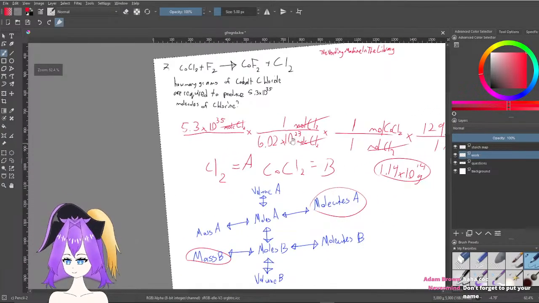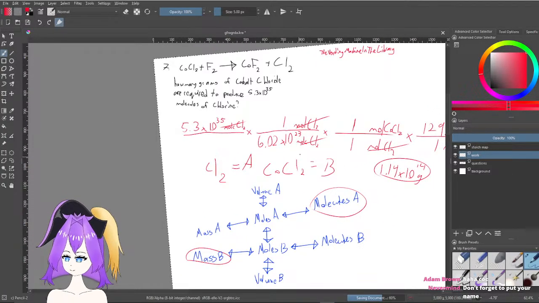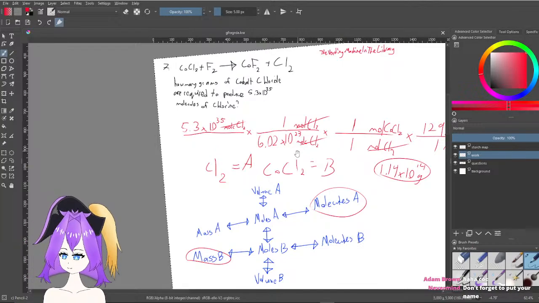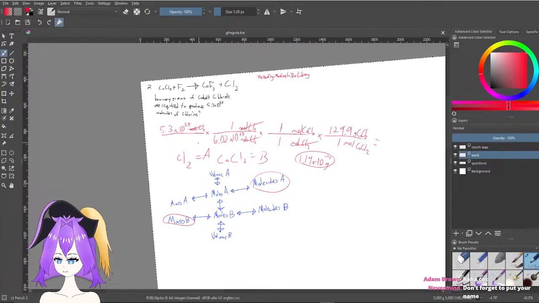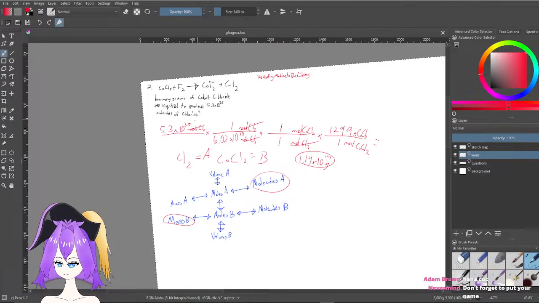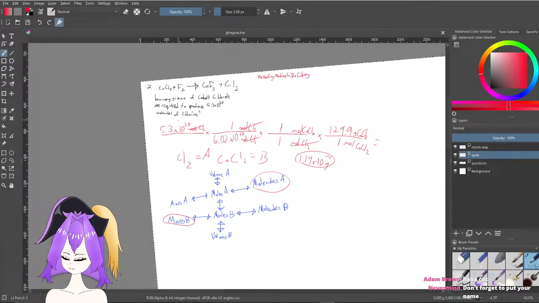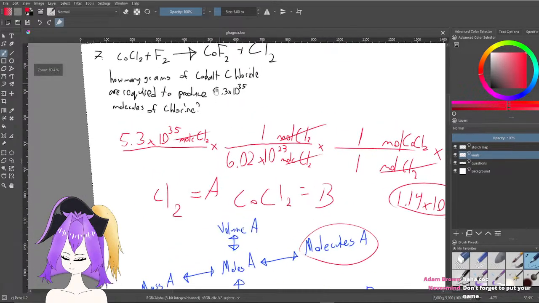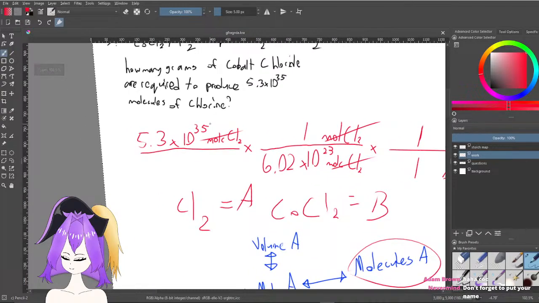There we go. Alright, okay, so I meant to go from chlorine to cobalt chloride. So the question says we start with 5.3 times 10 to the 35th molecules of chlorine.